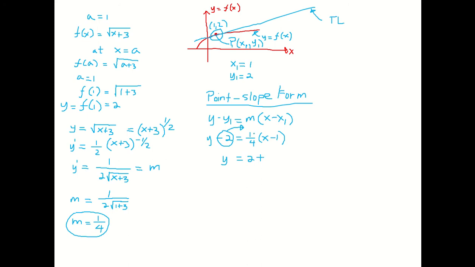You just distribute and multiply to each term inside the quantity. So 1/4 times x is 1/4 x, and then 1/4 times -1 is -1/4.